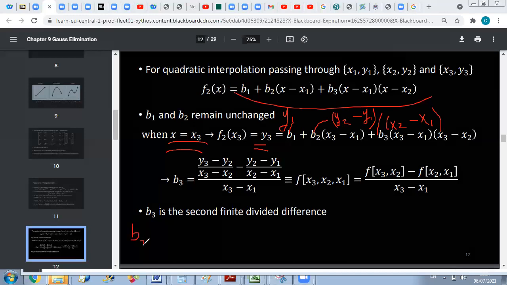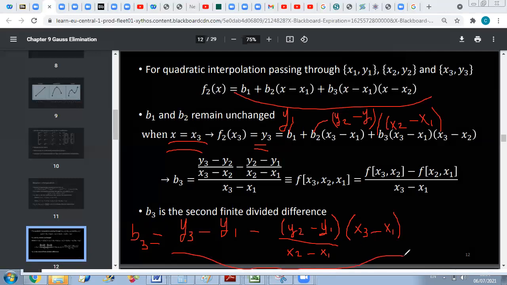So b3 is equal to y3 minus y1 minus y2 minus y1 over x2 minus x1 times x3 minus x1, and the whole term is divided by what is multiplying b3, which is x3 minus x1 times x3 minus x2.